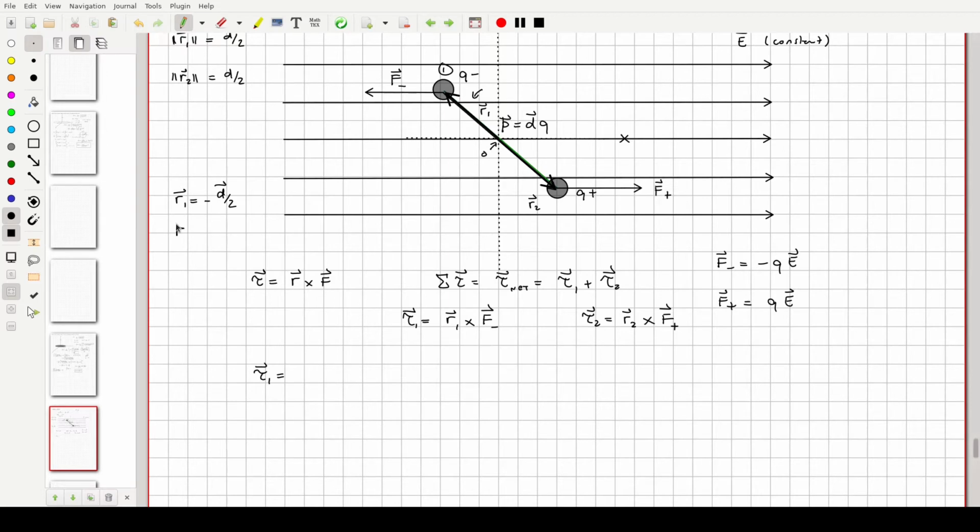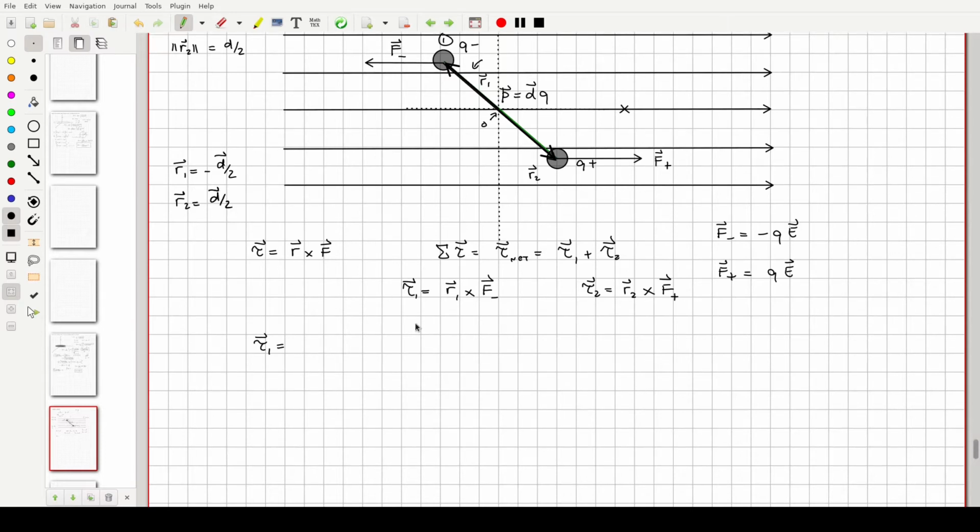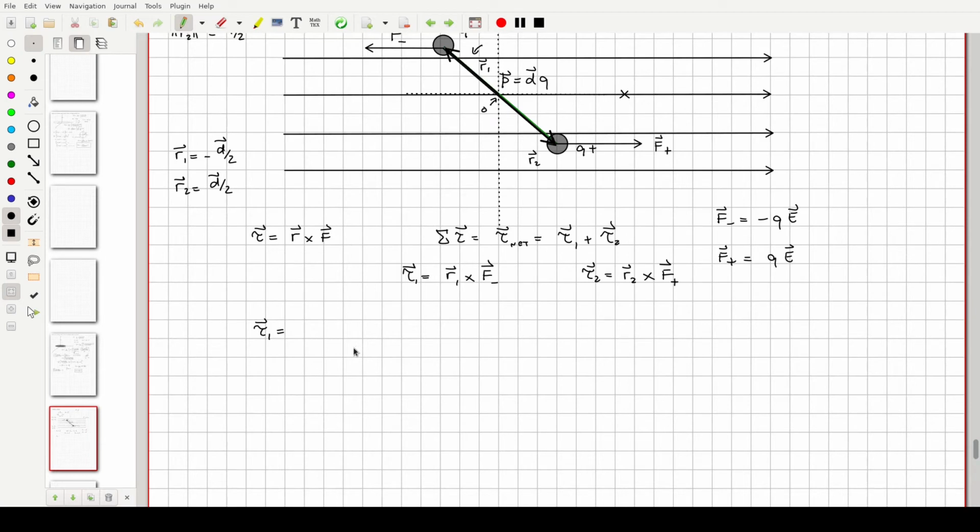R2, since it points from negative to positive, would just be D over 2. So torque 1 would equal minus D over 2 vector cross minus QE.